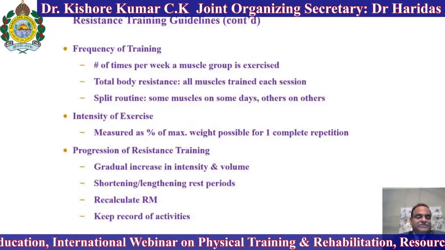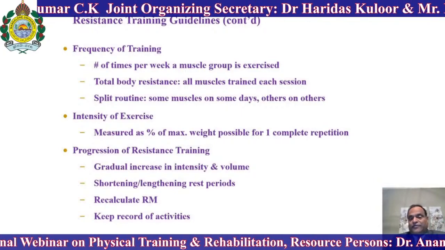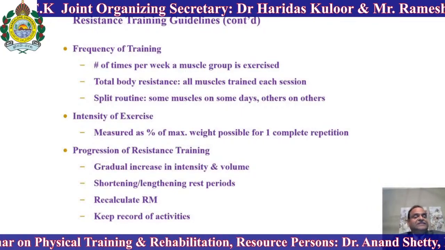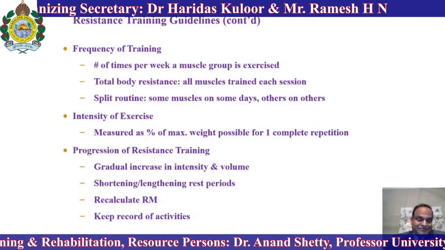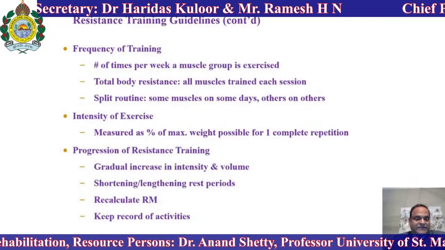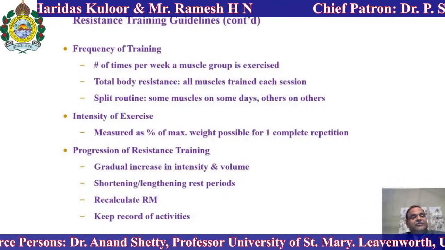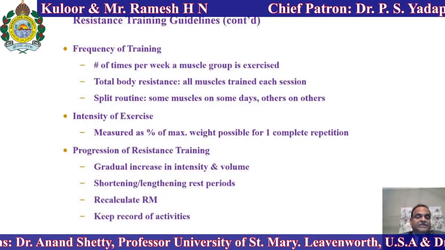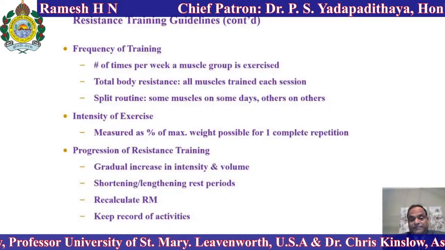And also the intensity of exercise is measured as a percentage of the max weight possible for one complete repetition. Intensity is determined by the repetition max and the weight lifted from that repetition max. Progression of resistance training, as I mentioned, is an overload principle: gradual increase in intensity and volume, shortening or lengthening of rest periods.